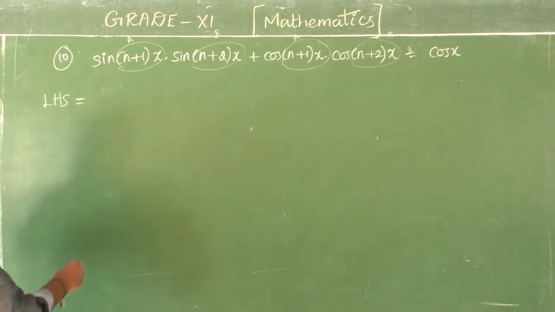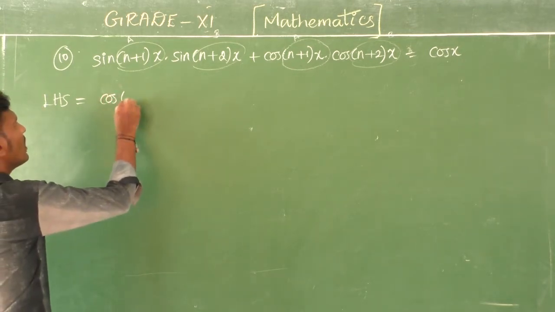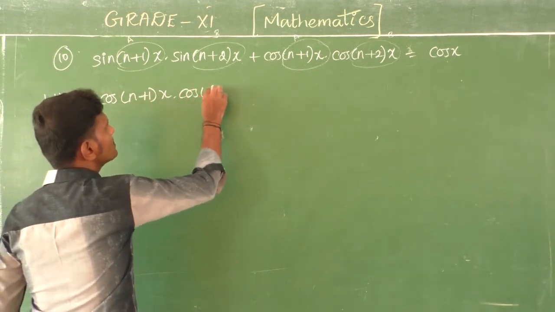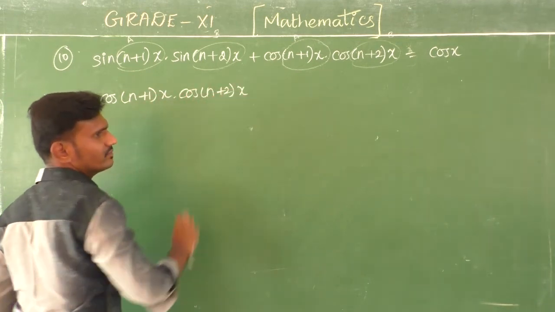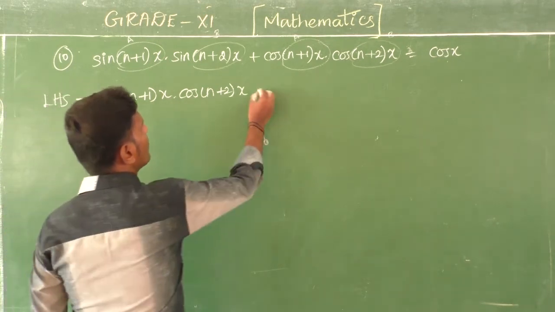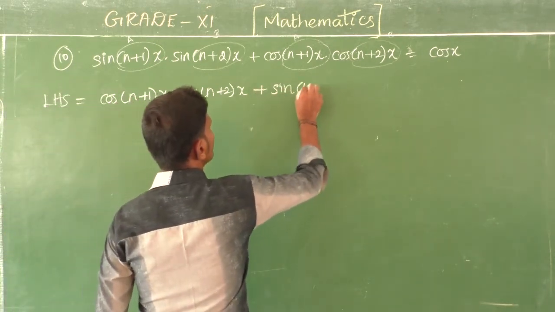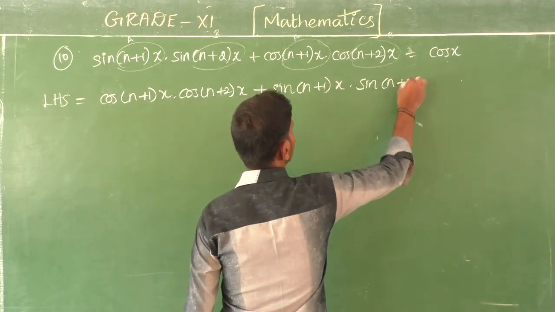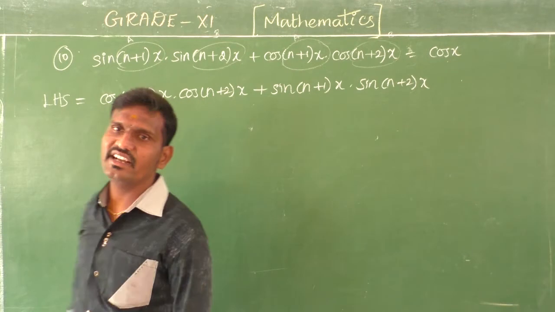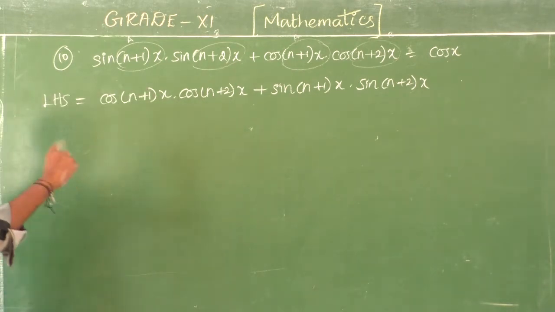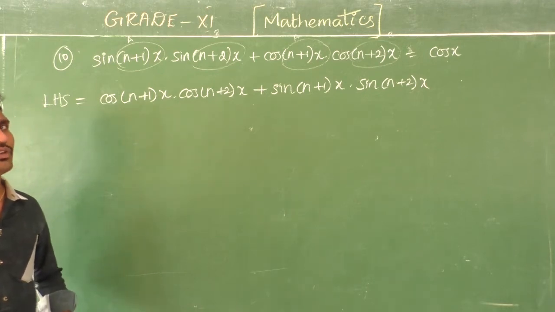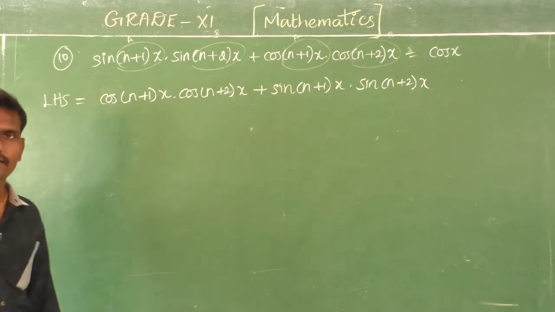Now see, I want to take cos (n plus 1)x into cos (n plus 2)x, plus sin (n plus 1)x into sin (n plus 2)x. So change and write that sum. Okay. So the second one and first one, it is correct only. Why? Because the commutative property is satisfied for addition. So we have to change it like that.